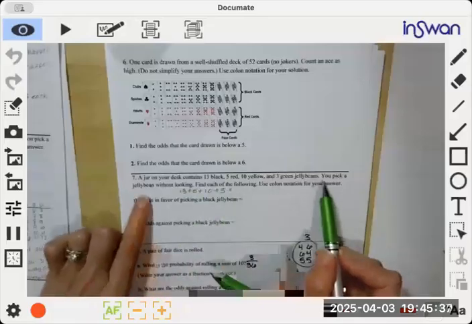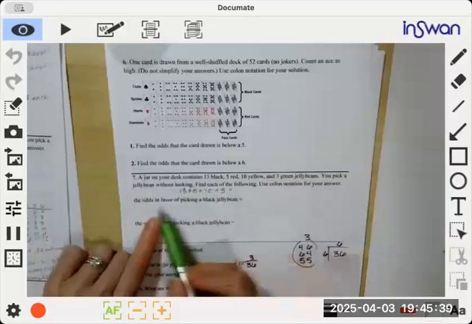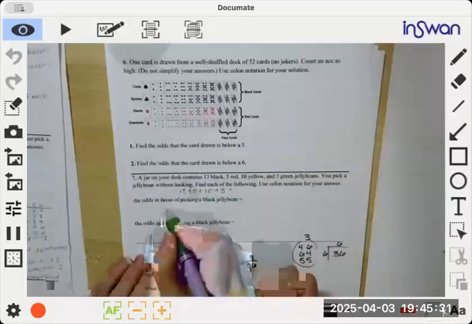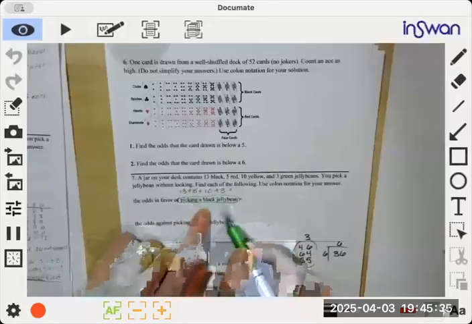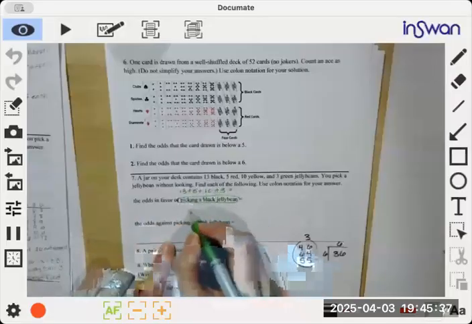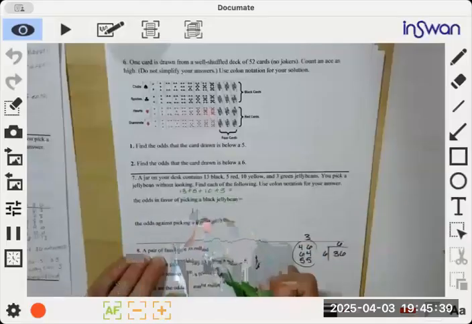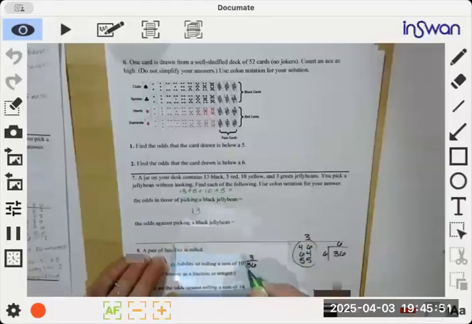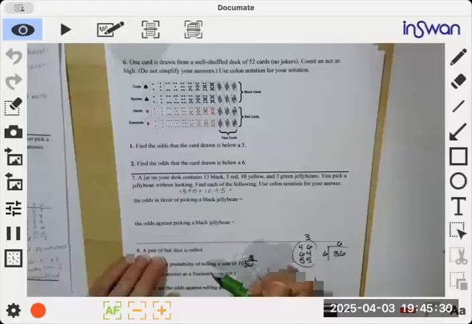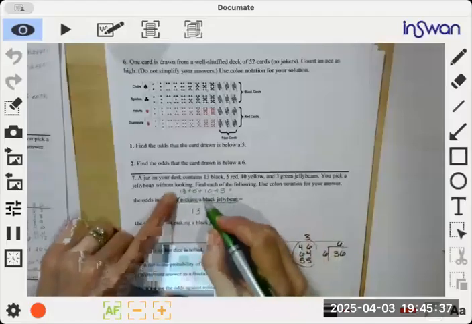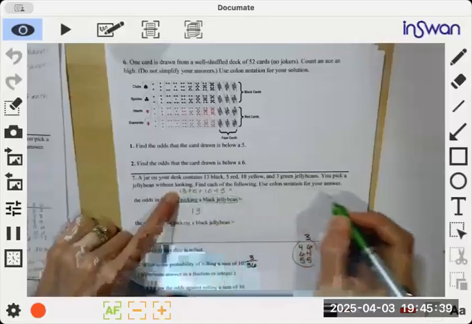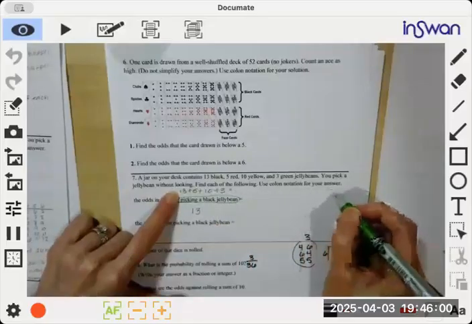So why am I doing that? You pick a jelly bean without looking. The odds in favor of picking a black. So how many black jelly beans are there? There's 13. It would help to know the total here, wouldn't it? So 26 plus 5 would give us 31 for the total.